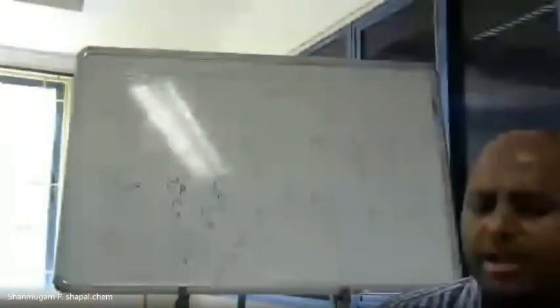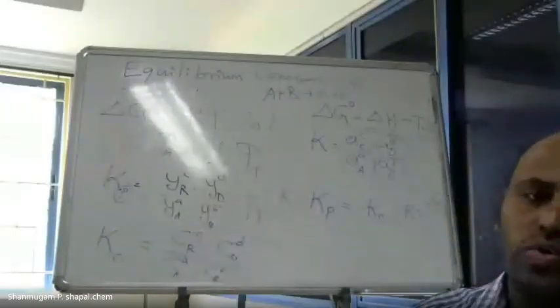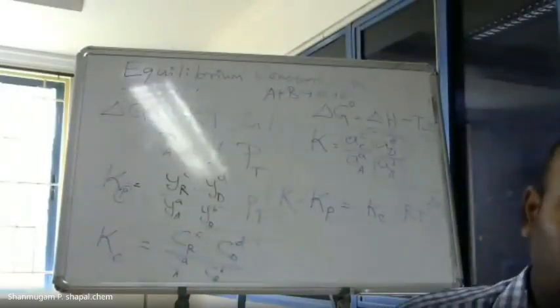So, the comparison for the particular equilibrium constant value, that is K. What are the things you need to know about the equilibrium constant K value?